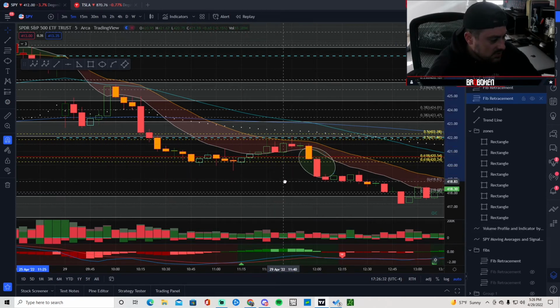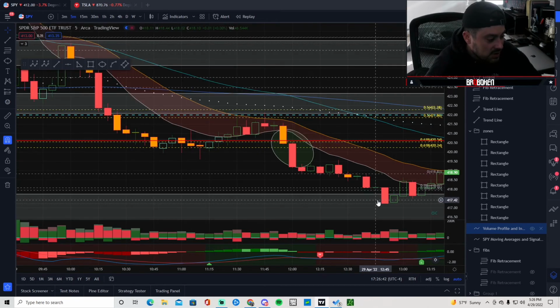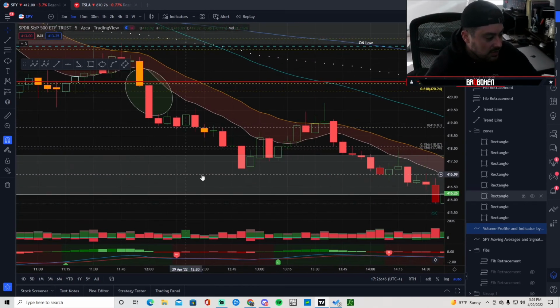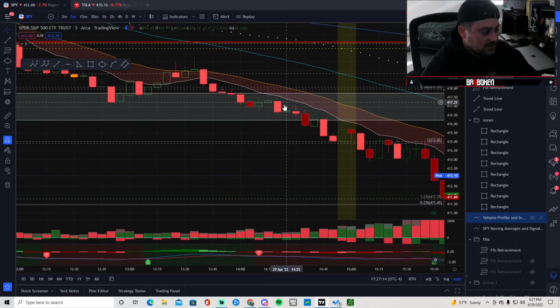It was getting some choppiness, obviously, and got a little bit of support around here, but then it blew through that and ended up continuing down to my next zone down here. I started to see some selling volume come in this area, as you'll see down here, but then wasn't really sure what was happening.